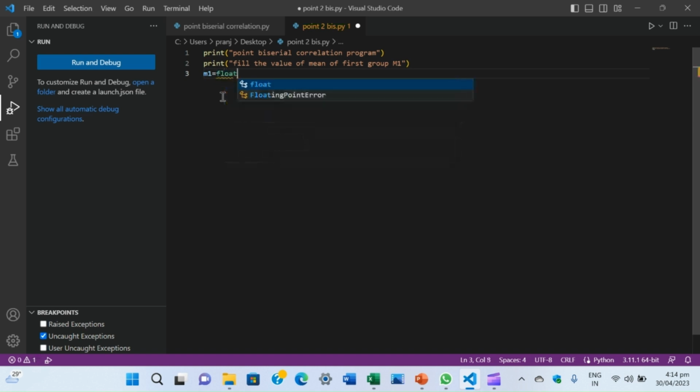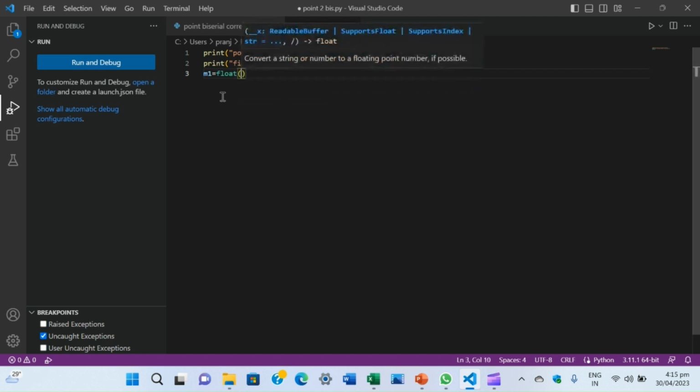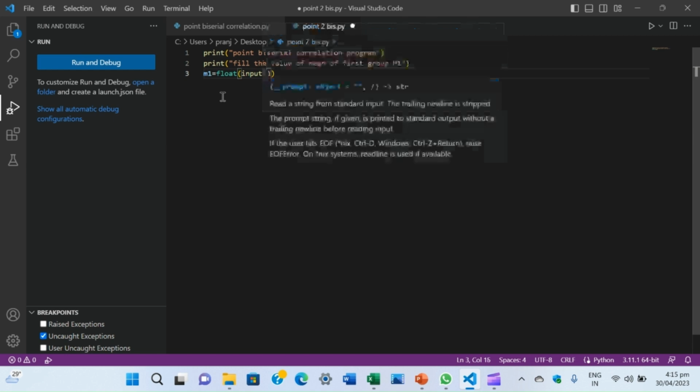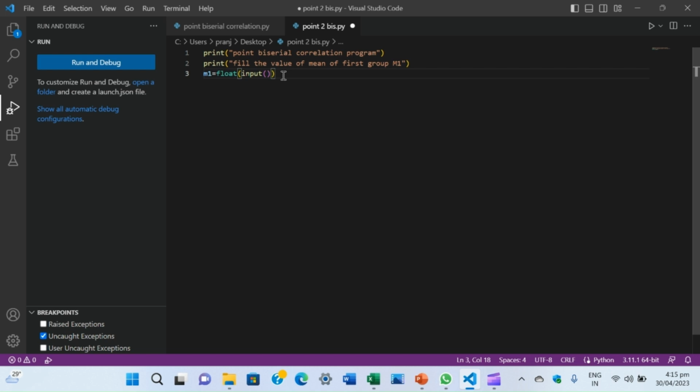It may be an integer, but by writing float we will be free to write numbers in decimal. Then bracket, and we write input, again small bracket, so that we will be able to give the value as input.